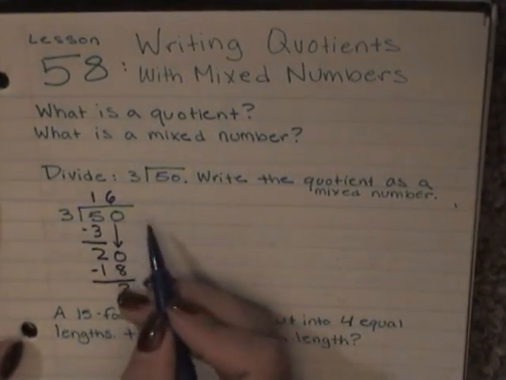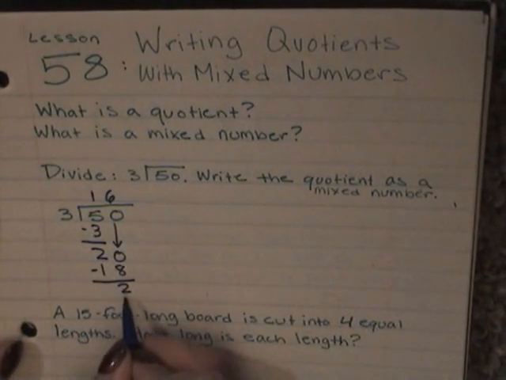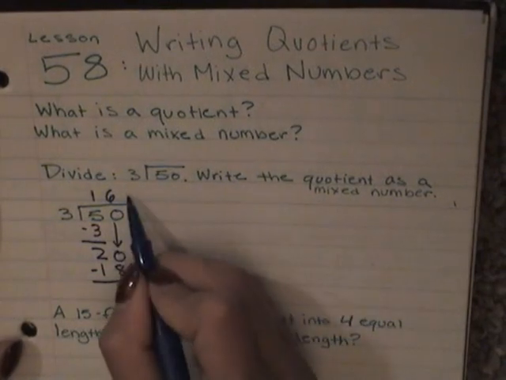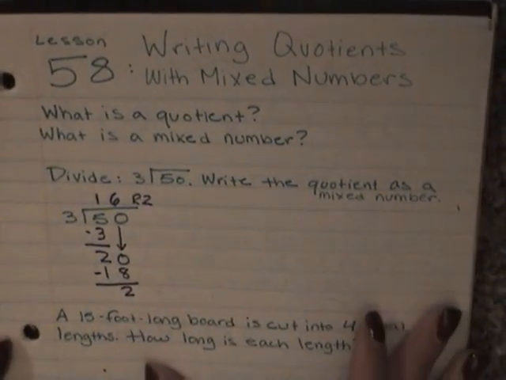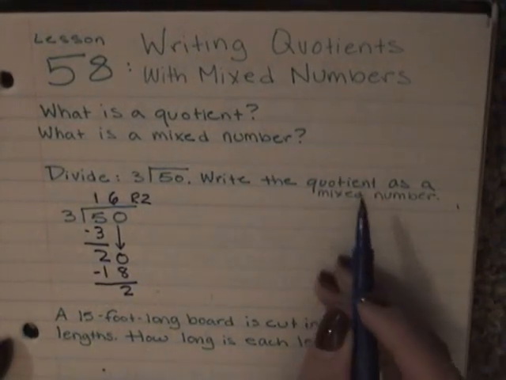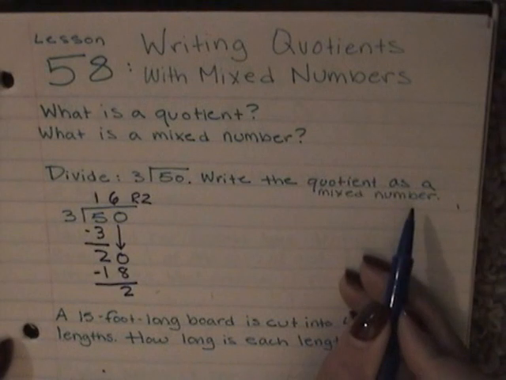Now, do we have anything left to bring down? No, so we know that this is going to be our remainder. Normally we would put an R2 and say, okay, we're done. But the directions specifically say we need to have our answer to a division problem as a mixed number.